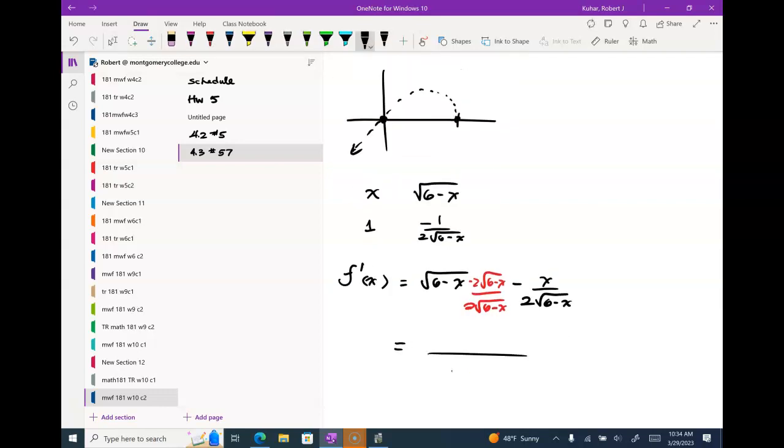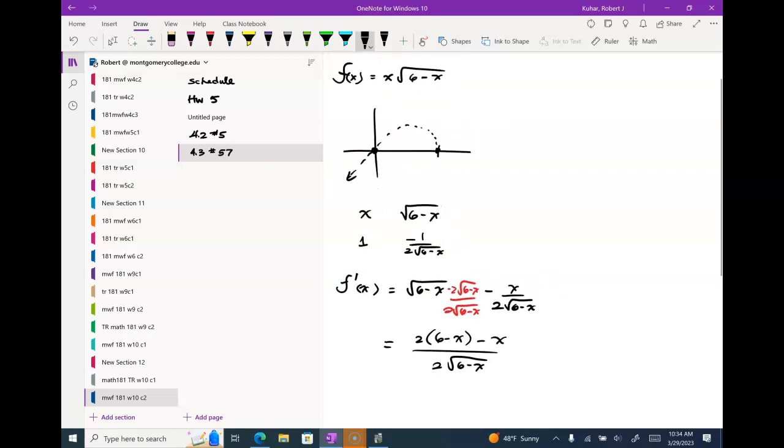So downstairs, I don't have to think anymore. 2 square root of 6 minus x. Upstairs, I have 2 times 6 minus x minus another x. So I get 12 minus 2x minus x, over that. So what is it, 12 minus 3x?